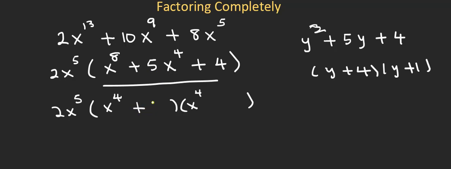That's positive 1 and positive 4. Now, let's double check that we get the middle term here. Well, 1 times x to the 4 is 1x to the 4. x to the 4 times 4 is 4x to the 4. So when you add them up, you do get 5x to the 4. So this was factorable. And that's your final answer.